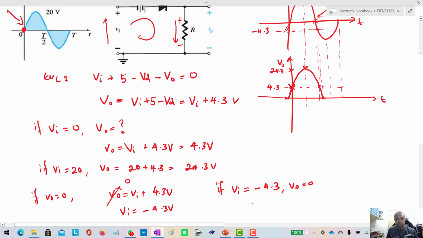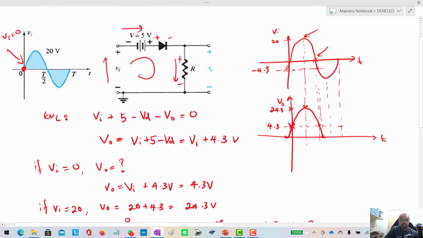When V in equals minus 5, V out equals, what do you think? V out is 0. Why? Because for any negative value beyond that, the diode will be off. Anything more negative than minus 4.3, the diode will be off.